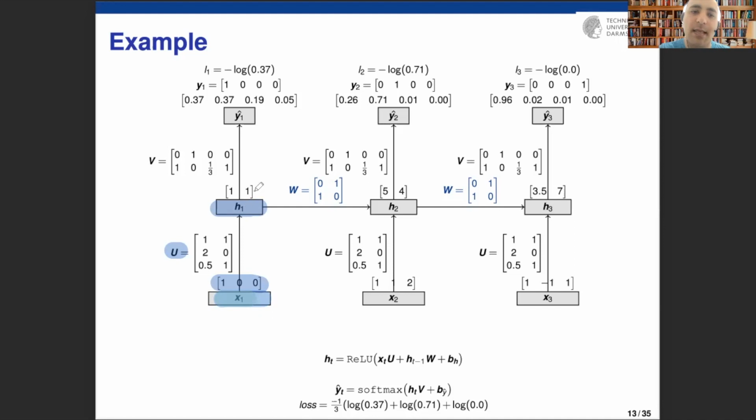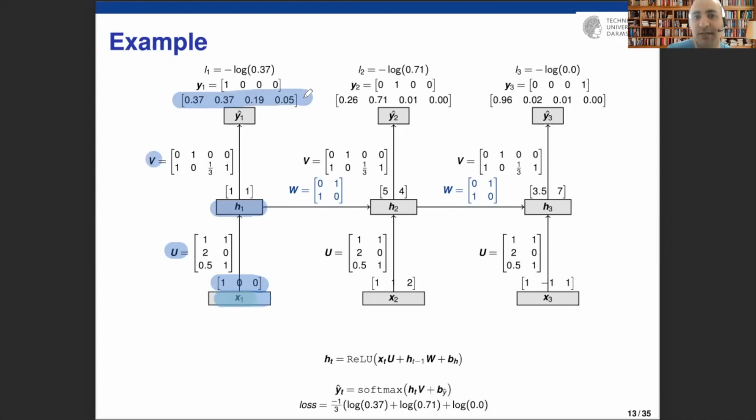And then the hidden state here at the first step only has one input because we assume that the hidden state is initialized by zero, and then we multiply that by the V matrix to get the vector representation for the output.